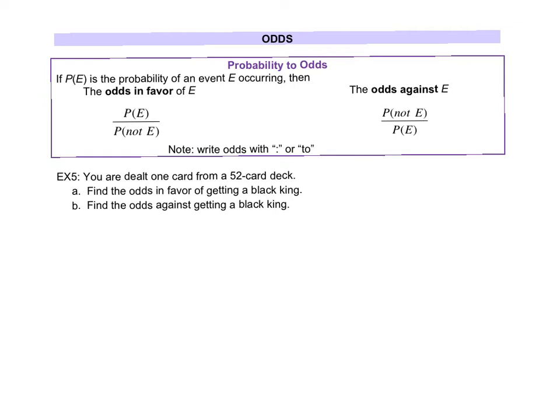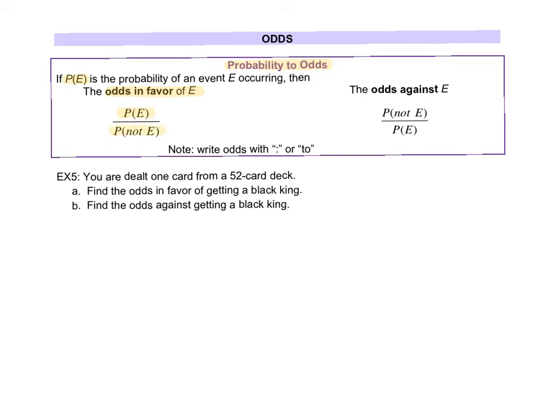In this box is the formula for going from a probability to odds. So let's say that the probability of an event happening is P of E. Then when you figure out the odds in favor of that event happening, it's a fraction where you have the probability that the event happens in the numerator.